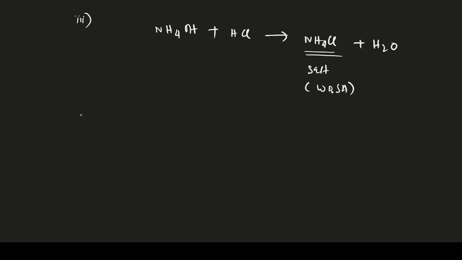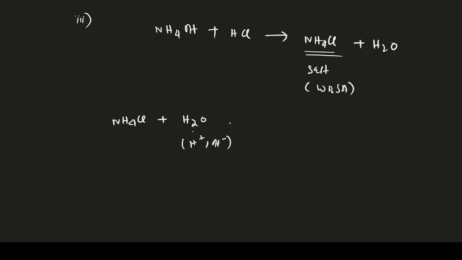And this is the salt of weak base and strong acid, and when this salt NH4Cl reacts with water, then this will give salt hydrolysis. So water is actually H plus and OH minus.